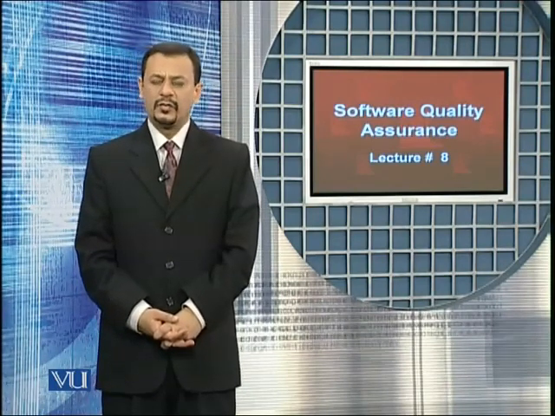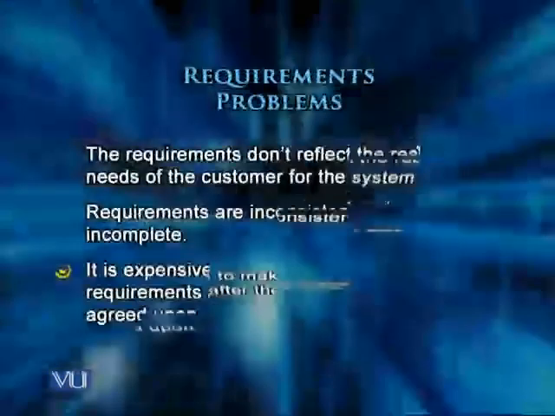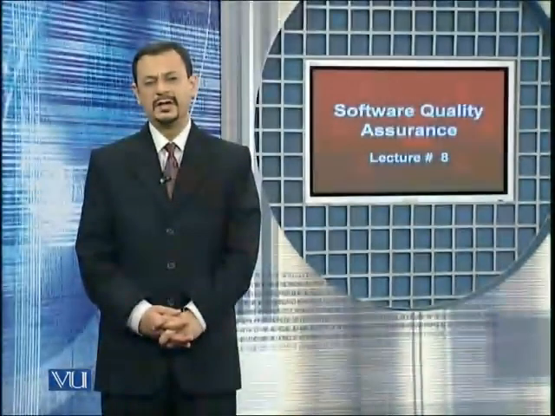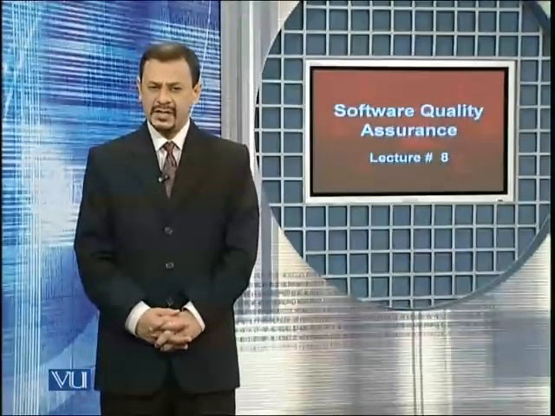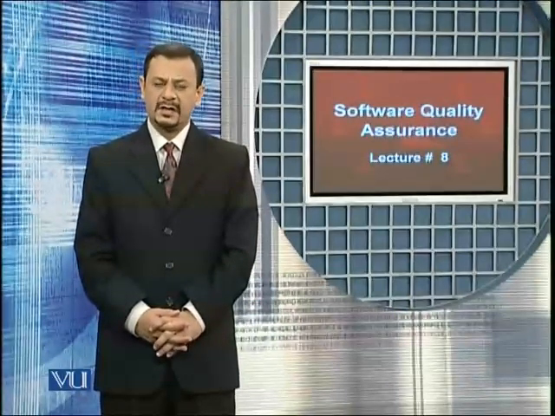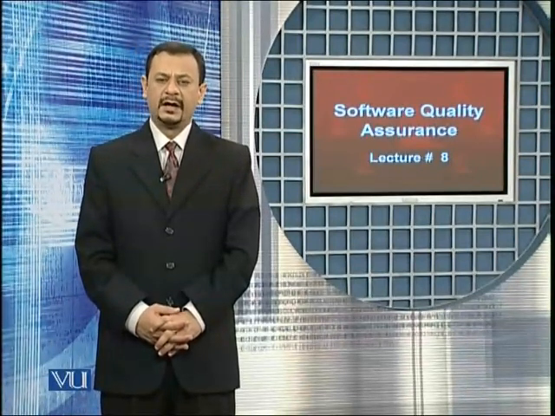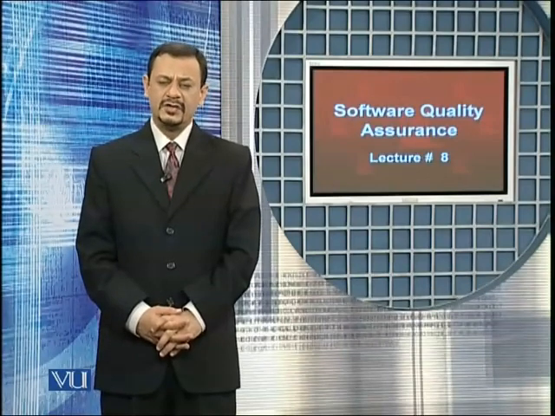And why would we want to do that? Because making changes to requirements after they have been agreed upon is very expensive. And if we make changes to the requirements during the requirements engineering process, it is relatively cheaper to make those changes.